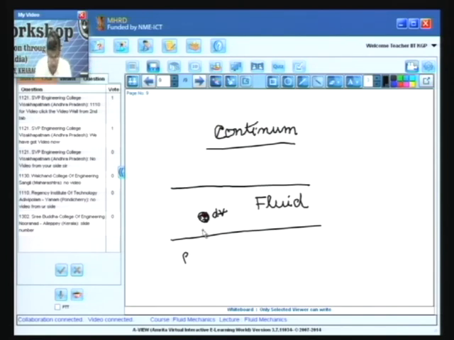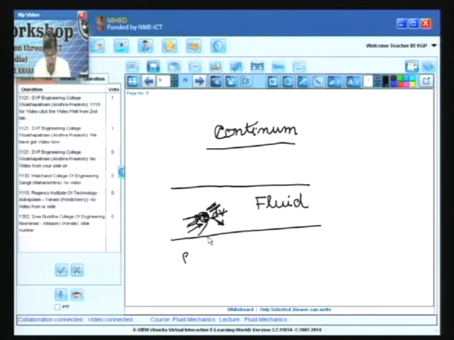Now, if the number of molecules in that location is very small, then the uncertainty in finding out the density will be very high, because molecules are coming randomly into the volume and going out of the volume. And if the number of molecules residing in the volume is of the order of magnitude of the number of molecules coming into and going out of the volume, then also the uncertainty in measuring the density will be very high.